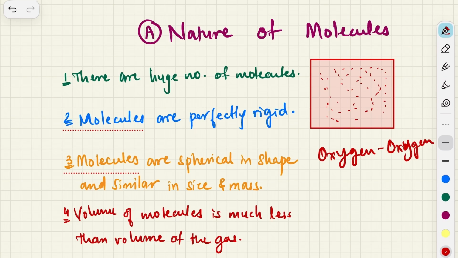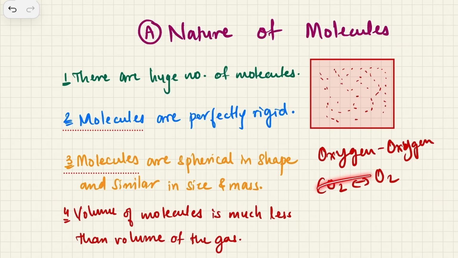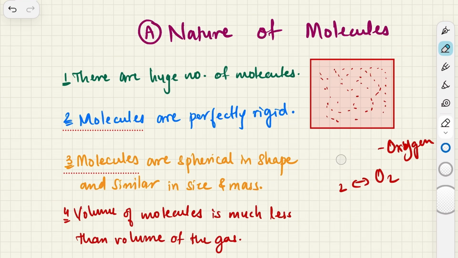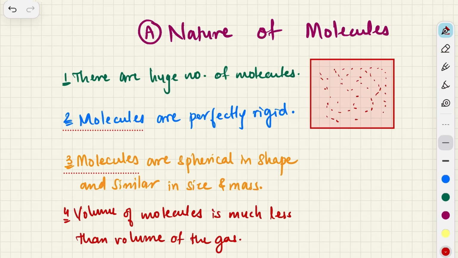But if I have a carbon dioxide molecule and an oxygen molecule, then of course these two molecules will have different sizes and shapes. But within the same gas, the molecules must have the same size and mass.